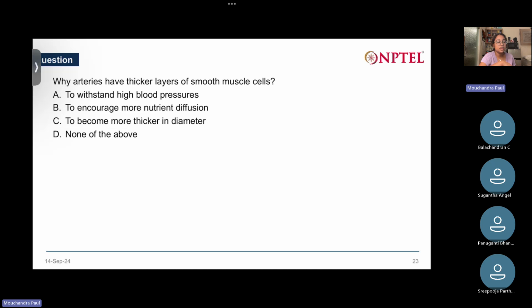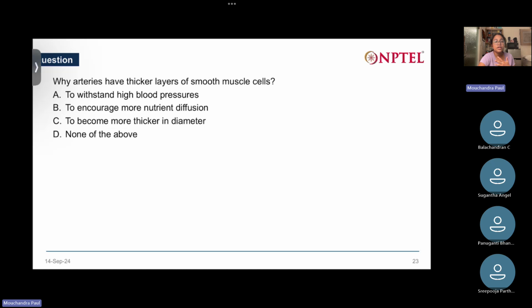These capillaries meet and collect all the waste, deoxygenated blood, and this deoxygenated blood then goes to venules and then veins, and then it is pumped back to our heart to get oxygenated again.